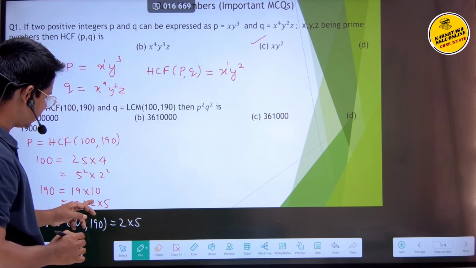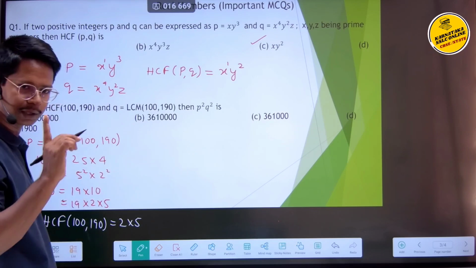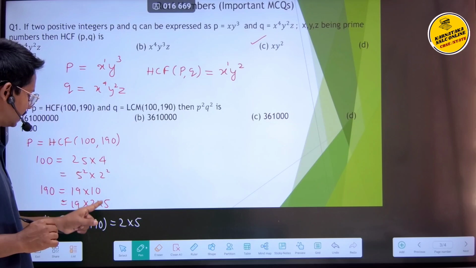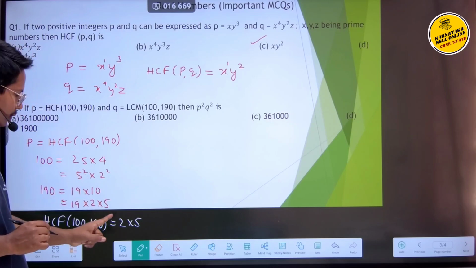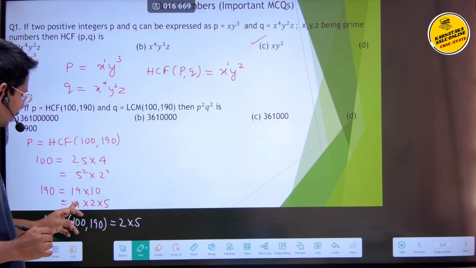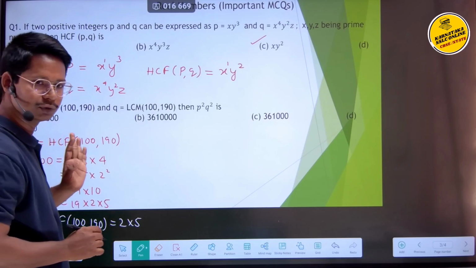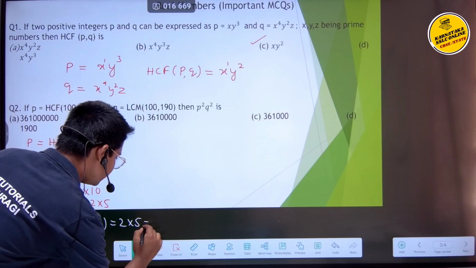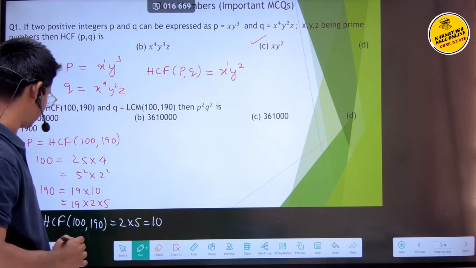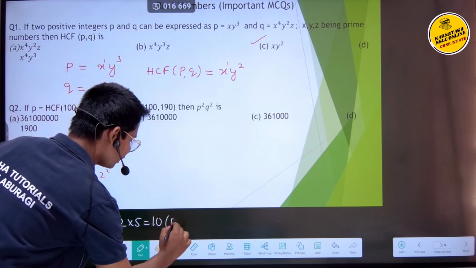Here the degree of 2 is 2 and here 1, so we take the least degree, 1. Again 5 has degree 1 here and 2 there, so we take the least degree. And 19 is not a factor of 100, so we should not consider 19. So the HCF is going to be 10.